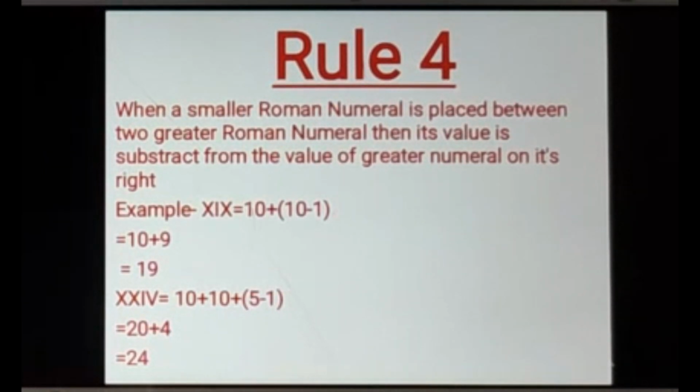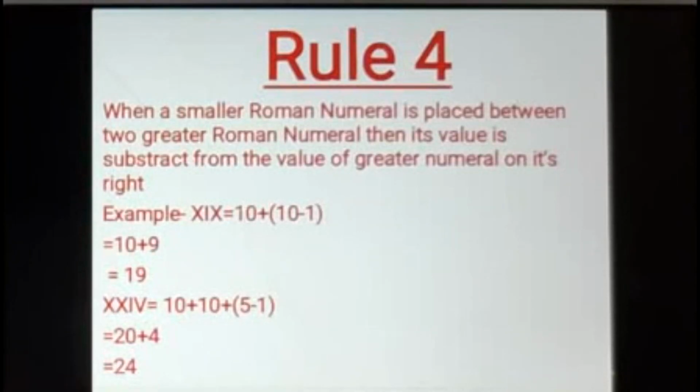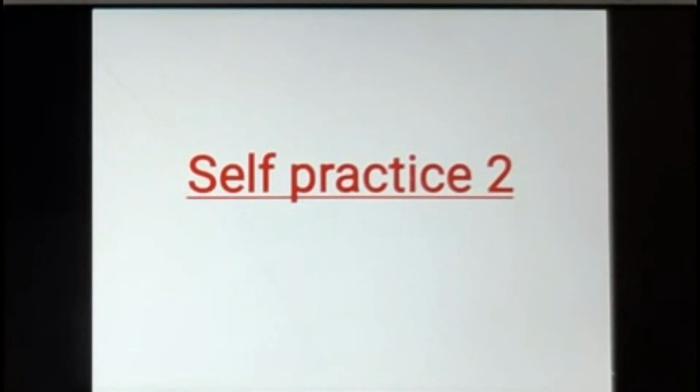Overall, these are the rules. So student, altogether we have 4 rules. With the help of this, we are now going to solve self practice 2, taking the help of the previous rules whatever we have studied. So let us start solving self practice 2 without any delay.